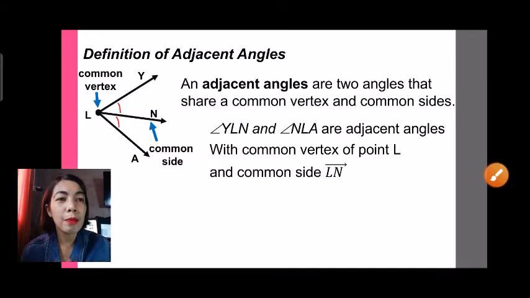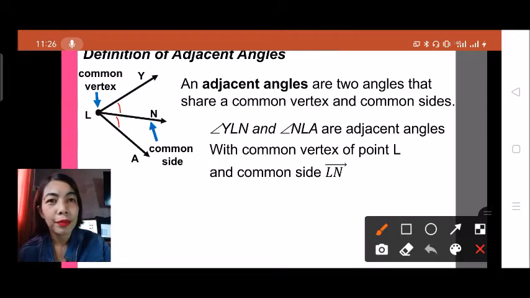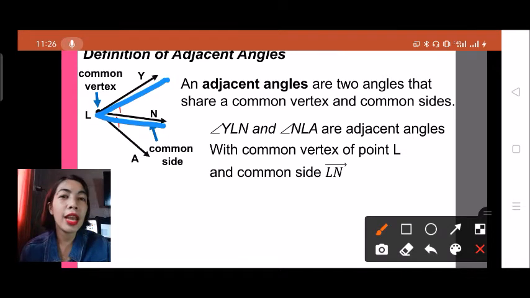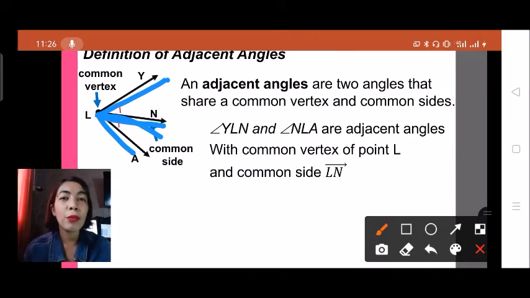In this example, we have angle YLN. This is angle YLN. And angle NLA. They share a common vertex at point L and a common side at ray LN.